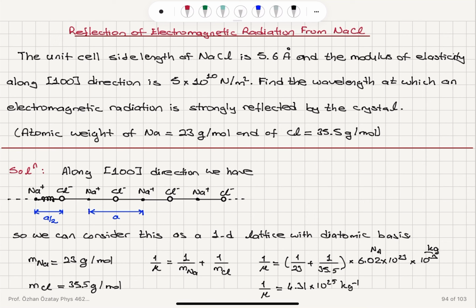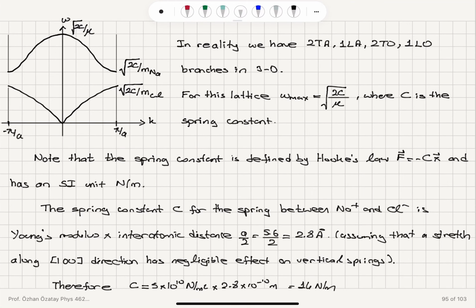And knowing the atomic mass of sodium and chlorine, if you divide the atomic mass by Avogadro's number, you find the mass of one atom. And if you convert it to kilograms, you get 1 over mu as 4.31 times 10 to 25 kilogram inverse.